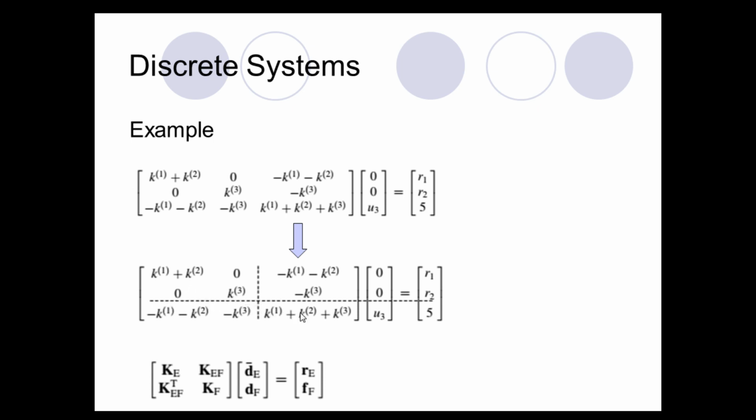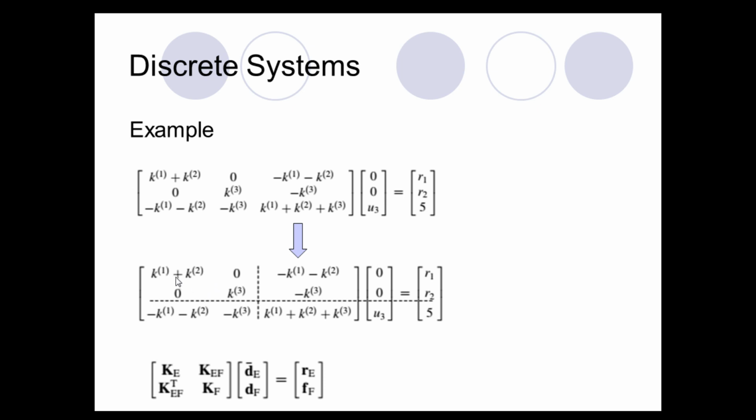Certainly we have the Kf. Okay, so this is our Kf now. You see, K1 plus K2 plus K3, and this is our Ke, the stiffness submatrix of which is associated with the essential nodes.